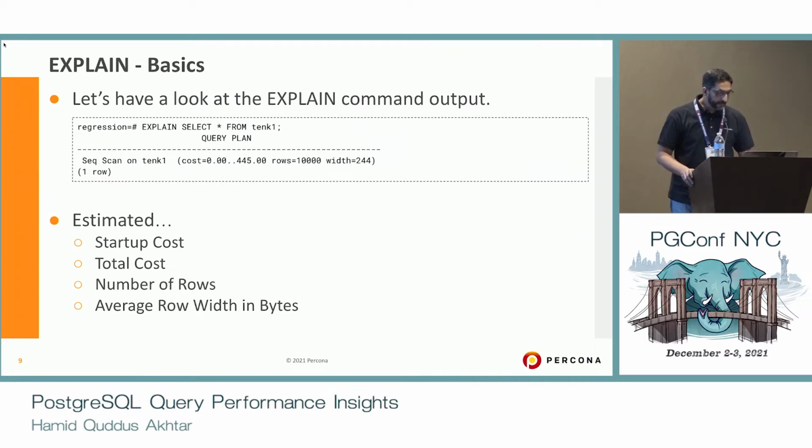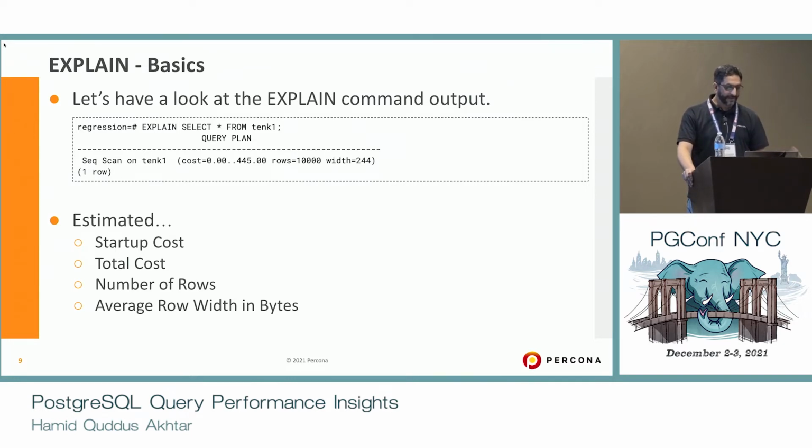At a very basic level, this is the simplest explain command output. What you see is that a SQL command is prepended with the explain keyword, and it prints out a plan. It has not executed the actual query. It is just presenting what it thinks about the query and how it should be executed.